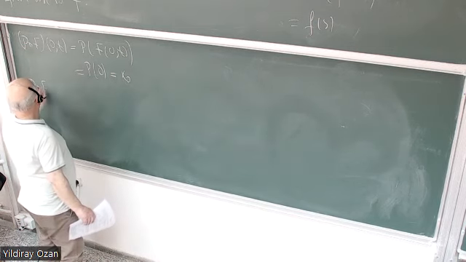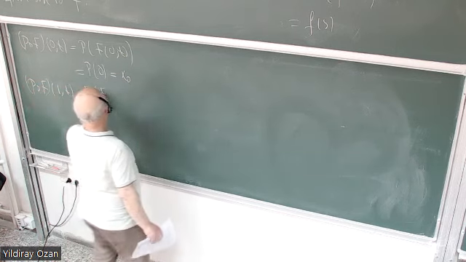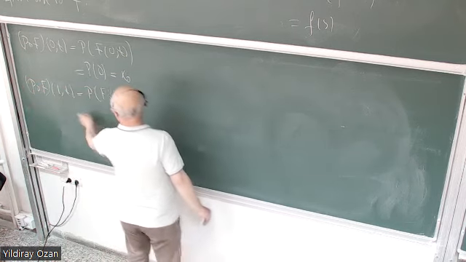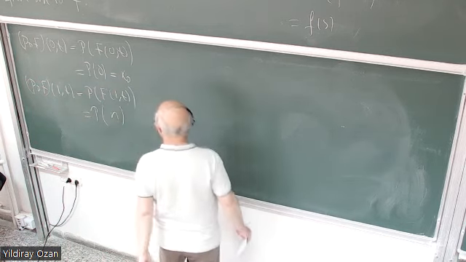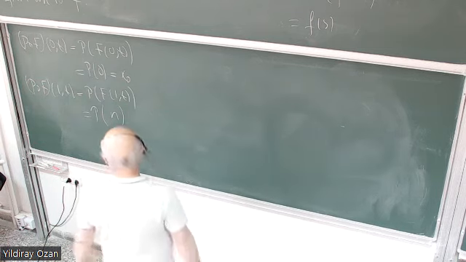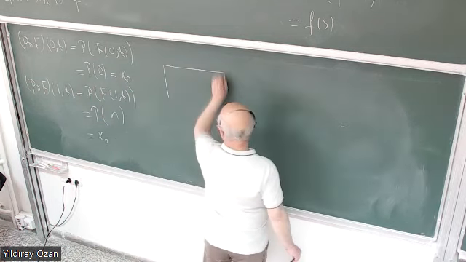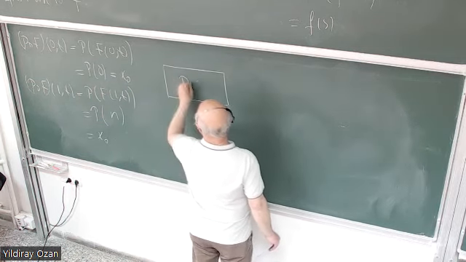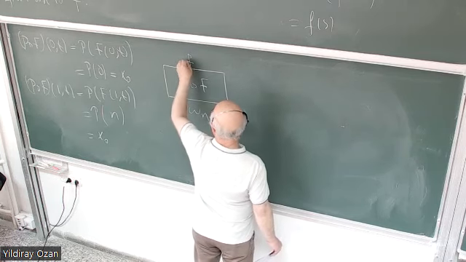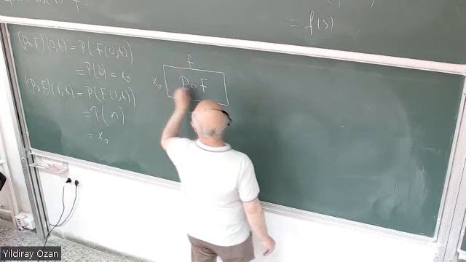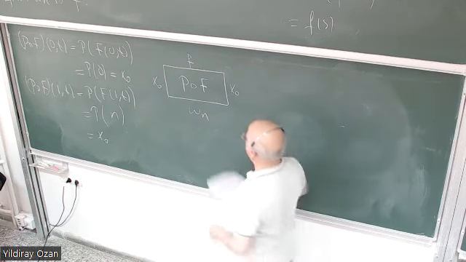And p composition f (1, t) is just p of f (1, t), and f (1, t) is just n, right? Therefore, this is again x0. So here I have p composition f, here I have Wn, here we have f, this is x0, and this is x0.